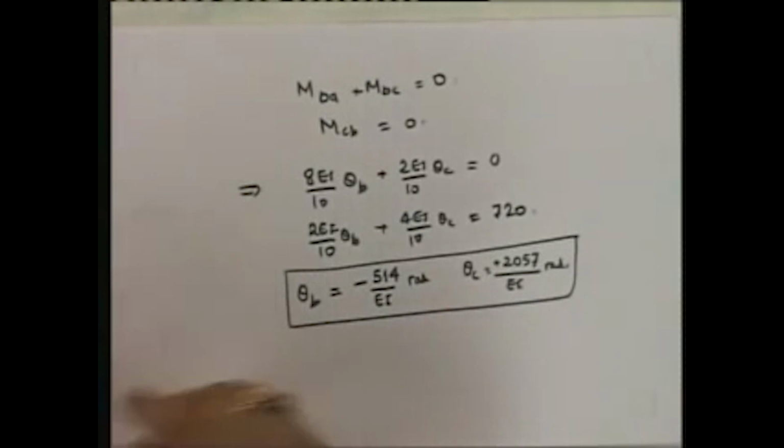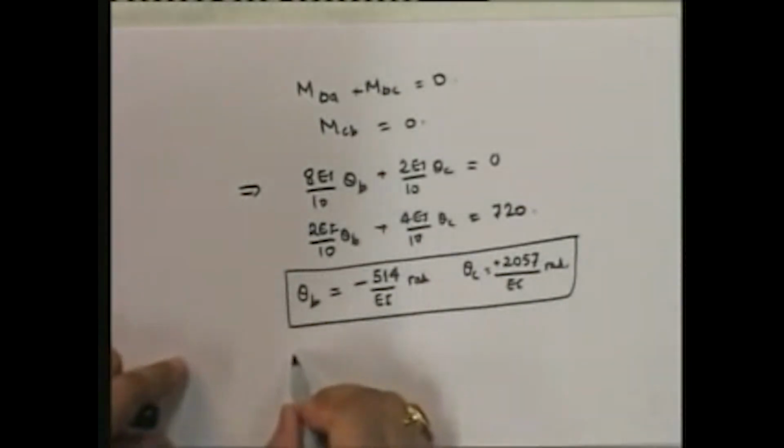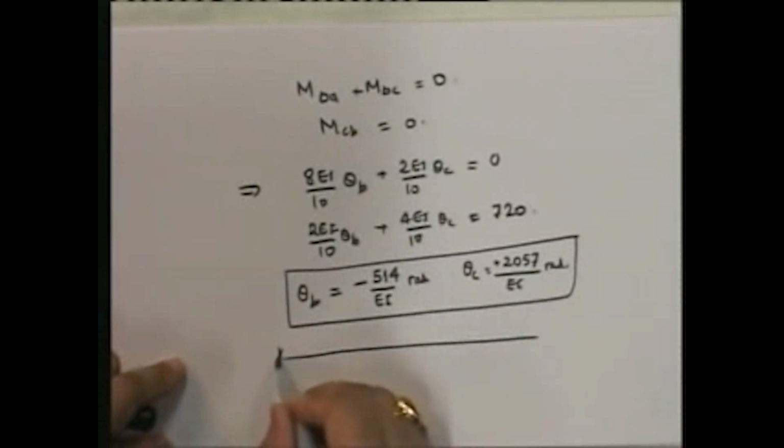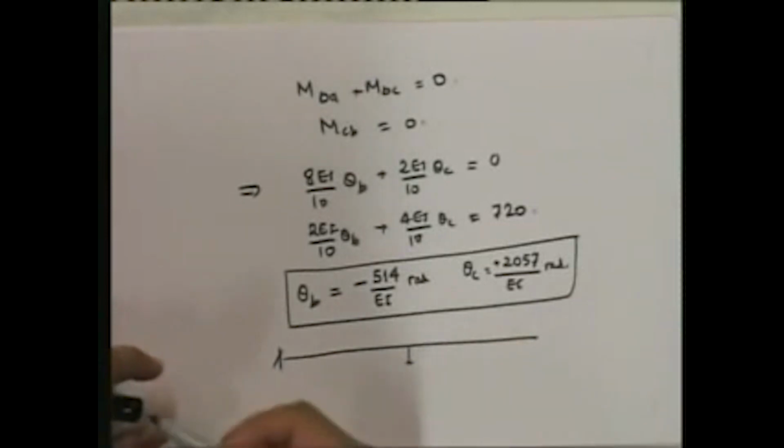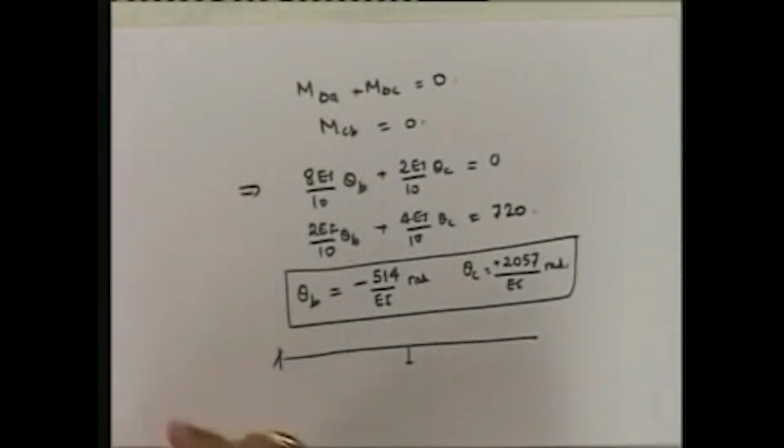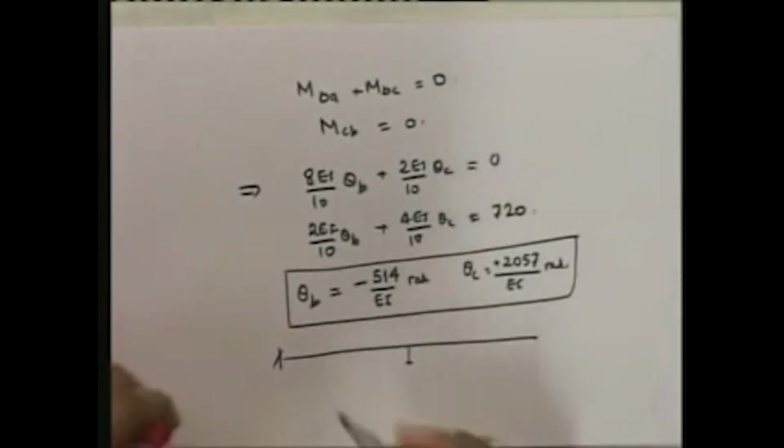What does that mean? That if I were to draw the deflected shape over here, due to this settlement, the system becomes this way.